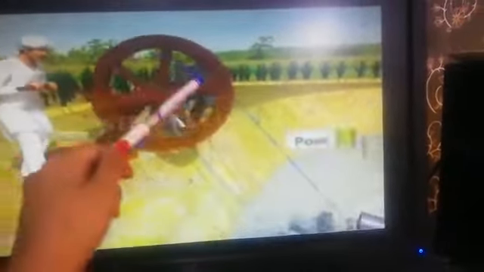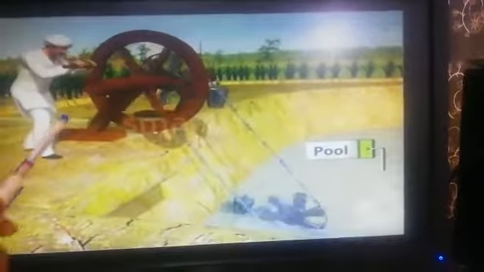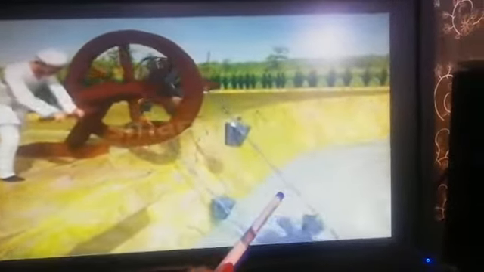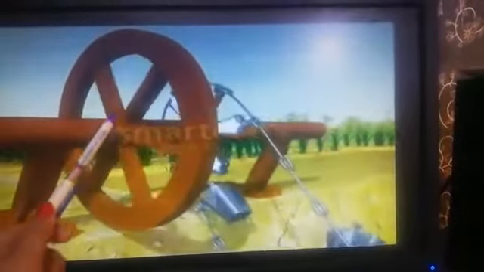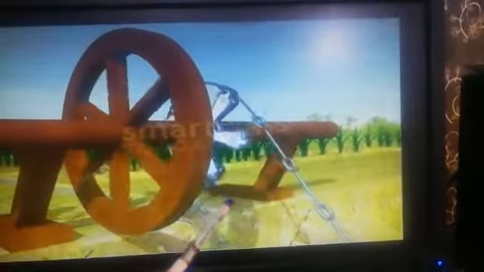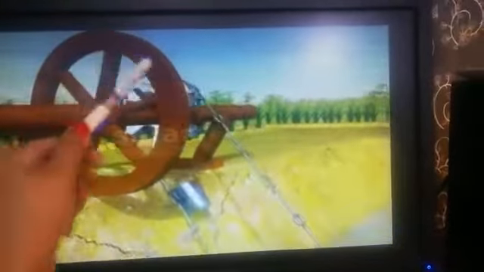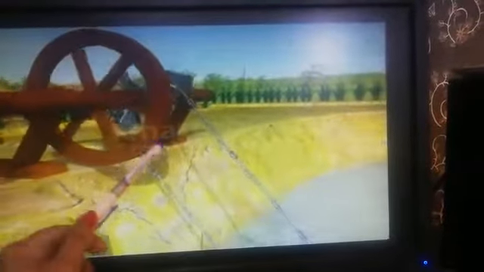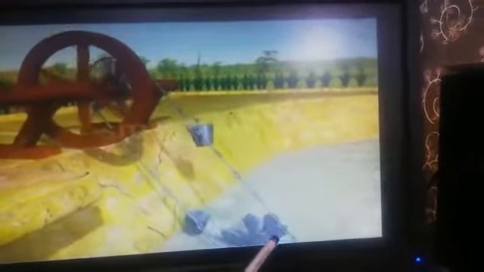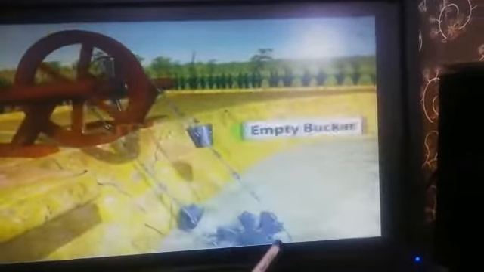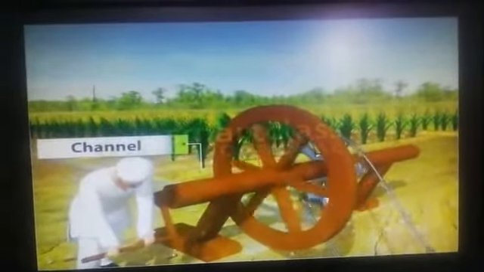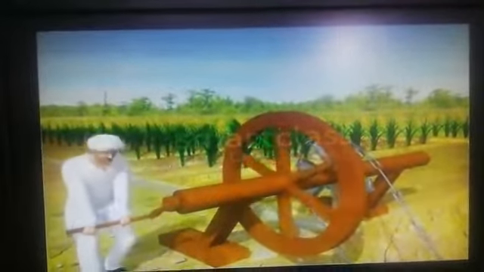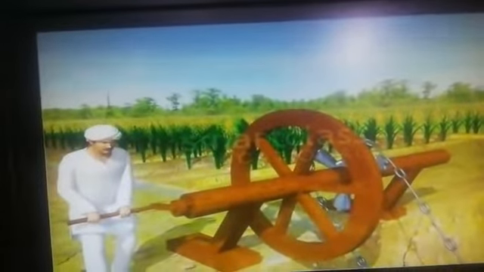The man is moving the shaft and handle continuously into the pool, and you can see that with the moving of the shaft and handle, the buckets are still empty. In this method, the buckets are empty and the channel is not useful for the man.